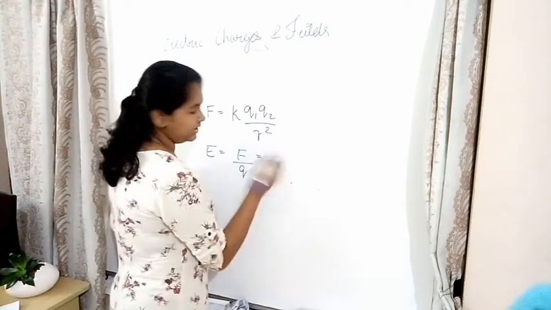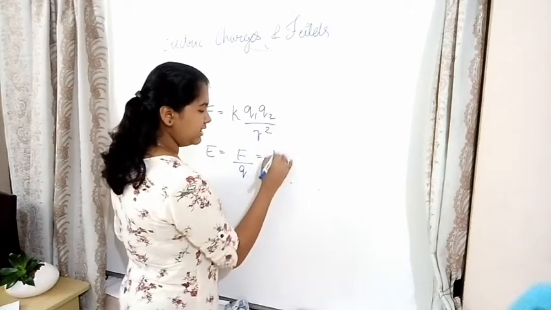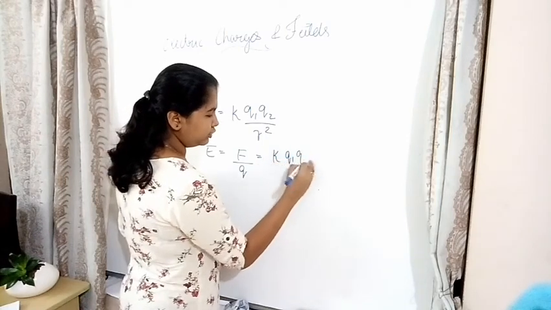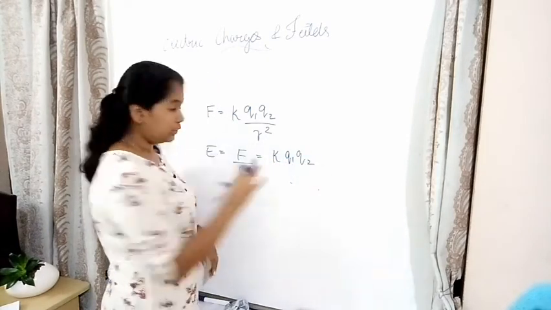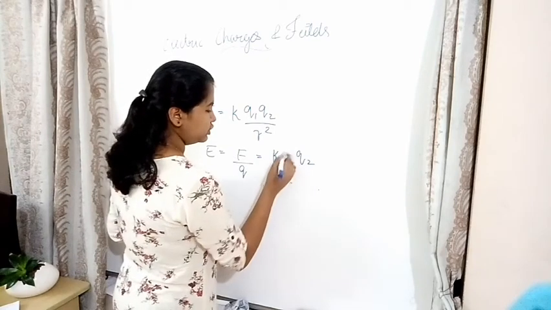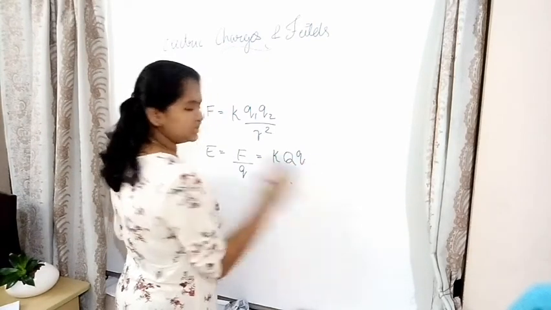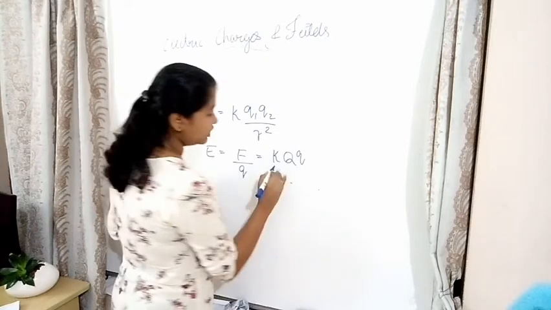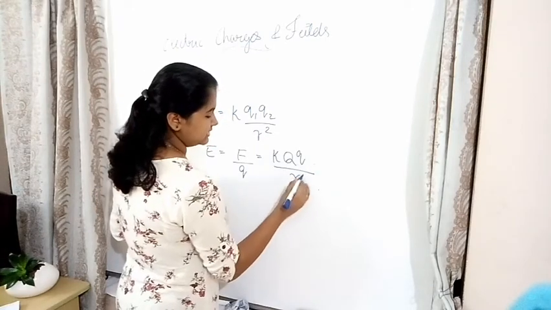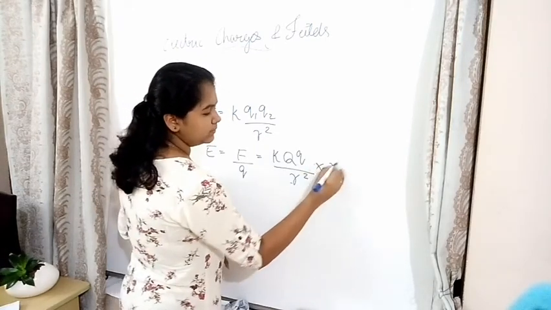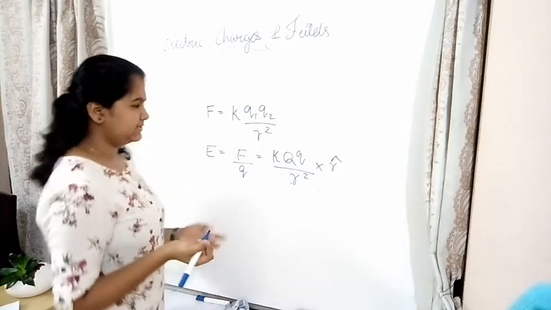We'll write the equation. We know F is equal to K Q1 Q2. For us, which is Q1? Q1 is the source charge, so this is Q, and Q2 is the normal small q, the test charge, divided by R square into R cap. We always write this because it's a vector.